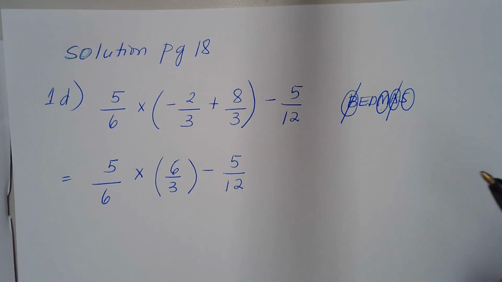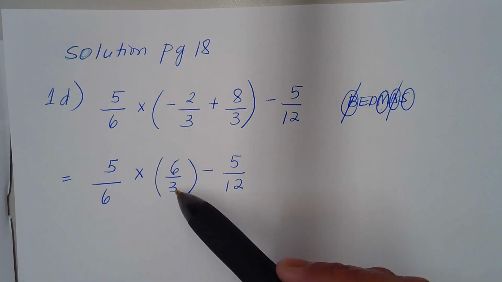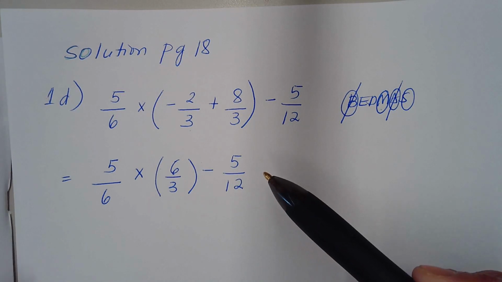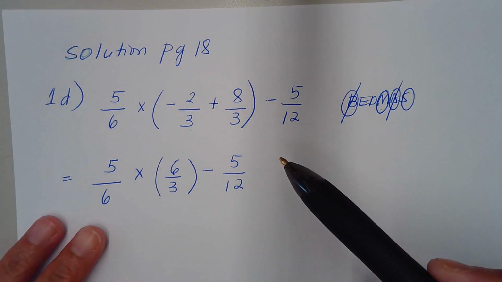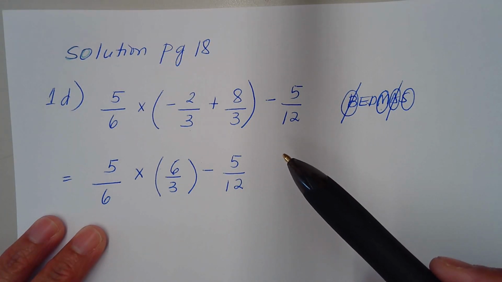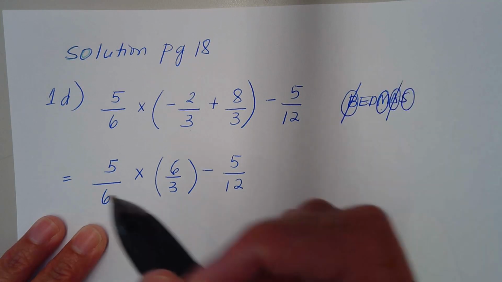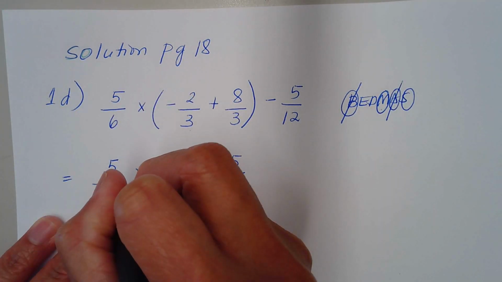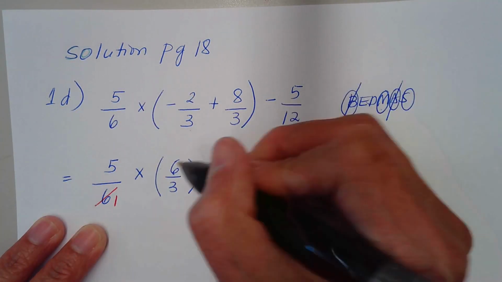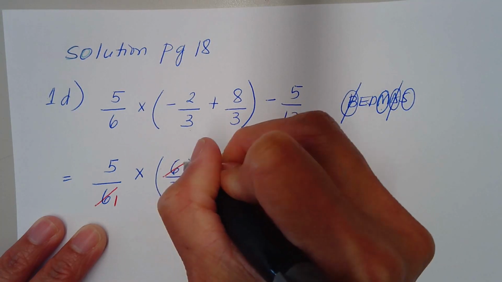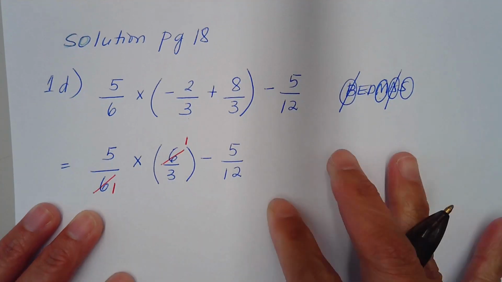But another thing that we could do here is reduce. Do you see something that could be reduced? Yeah, the 6. We can cross reduce the 6. How many 6 are in 6? 1. How many 6 in a 6? 1. So that's cross reducing.